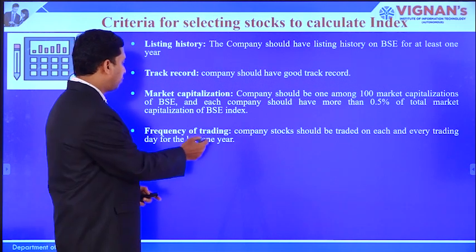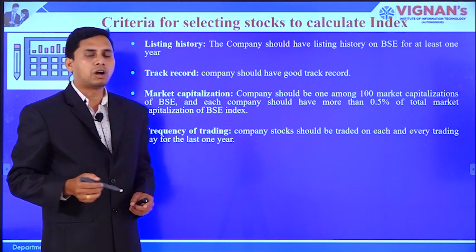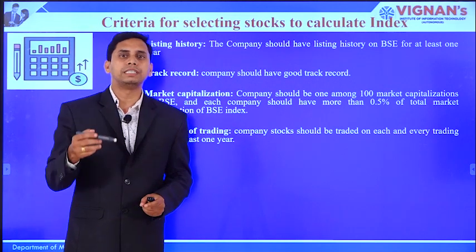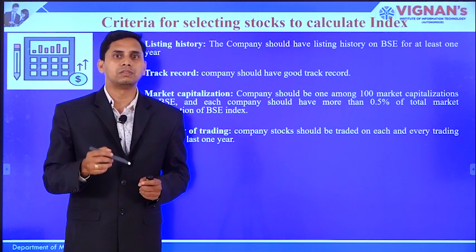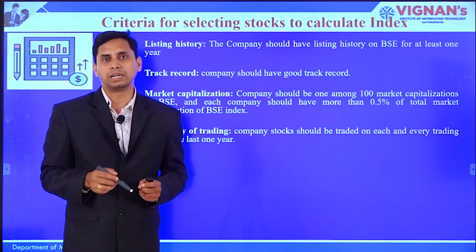And the frequency of trading, another parameter. How frequently a stock is being traded by the various traders is also one of the parameters for being included in the calculation of index value.